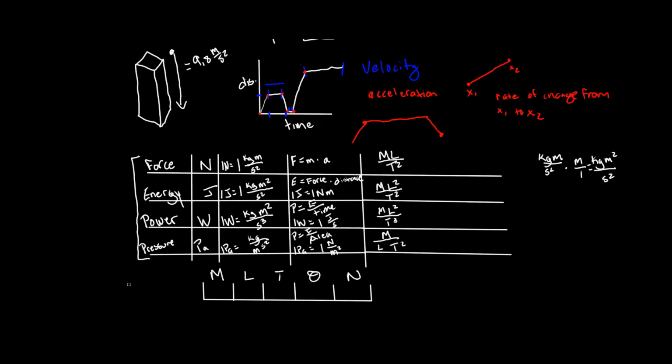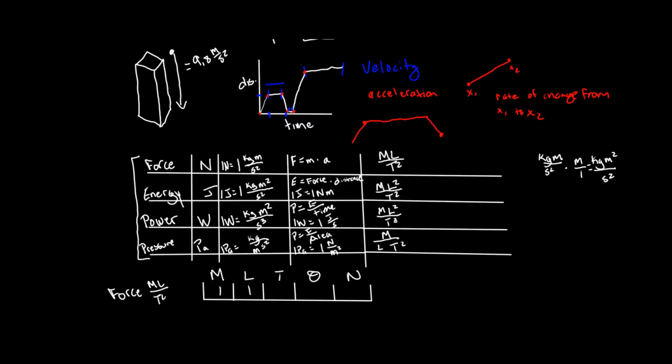All right. So let's start with force. And that's going to be over time squared. So the way we're going to look at this when you chart it out fundamentally is we're just going to put the basic number of the units in here, the exponent of the units. So mass, we only have 1, so we're going to put a 1. Length, we only have 1, so we're going to put a 1.